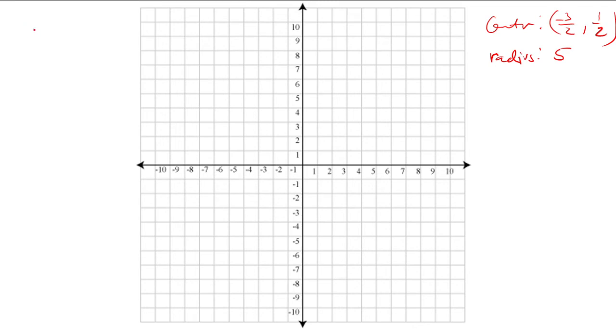So, ang center natin, pwede siyang isulat as center negative 1.5 and 0.5. Ayan. So, negative 1.5, 0.5.